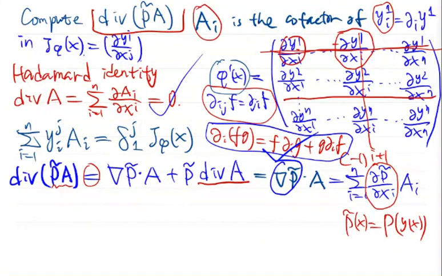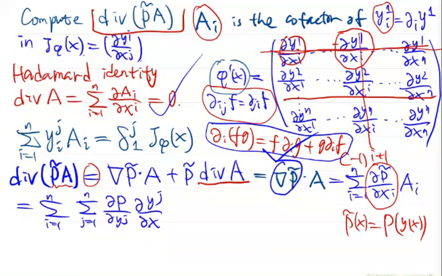So we can apply the chain rule to compute the partial derivative of P tilde with respect to xi. This gives us the sum over j from 1 to n of the partial derivative of P with respect to yj, times the partial derivative of yj with respect to xi. Then copy the ai.